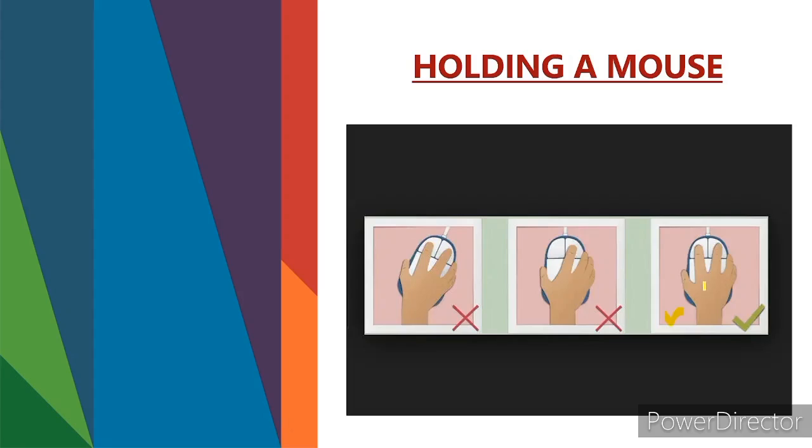So this is the correct way to hold the mouse. Index finger on the left button and middle finger on the right button, and the other 3 fingers hold the mouse and rest the palm on the mouse.